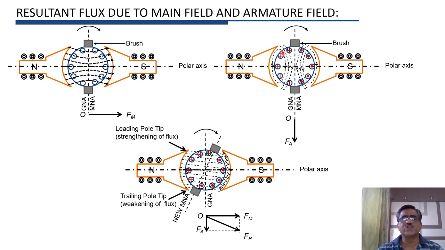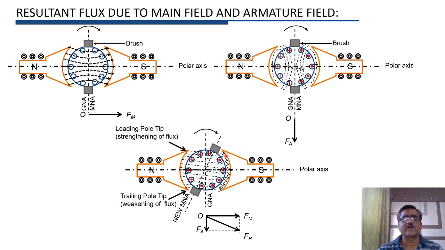So in these two areas there is crowding of flux or strengthening of flux. So this tip is called the leading pole tip. Similarly, this tip is also a leading pole tip, and at this leading pole tip there is strengthening or crowding of flux, and these two pole tips are called trailing pole tips.